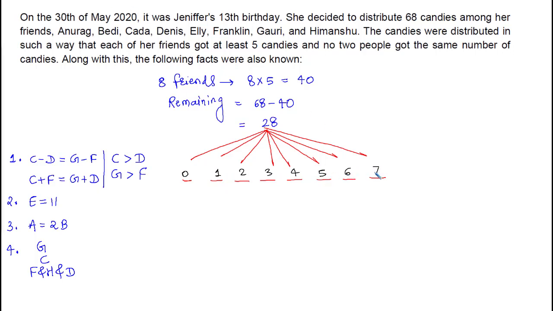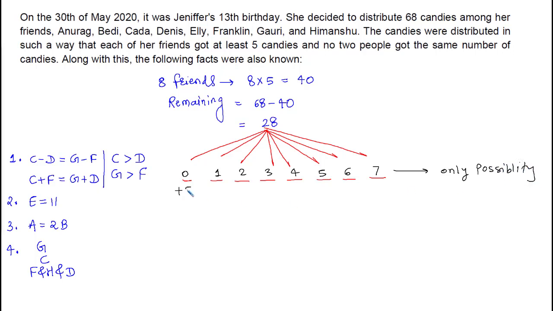So 1 to 7, the addition is 7 into 8 divided by 2, that is 56 divided by 2, which is equal to 28. So this is the only possibility in which we can distribute the remaining 28 candies, because no 2 friends should have the same number of candies.